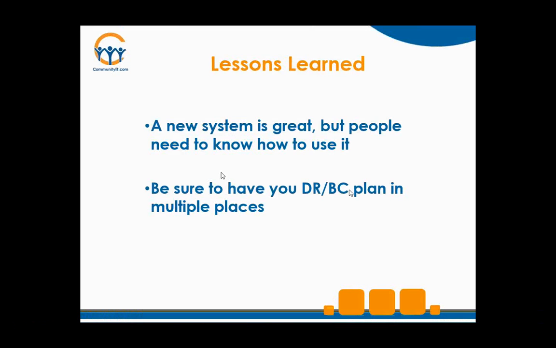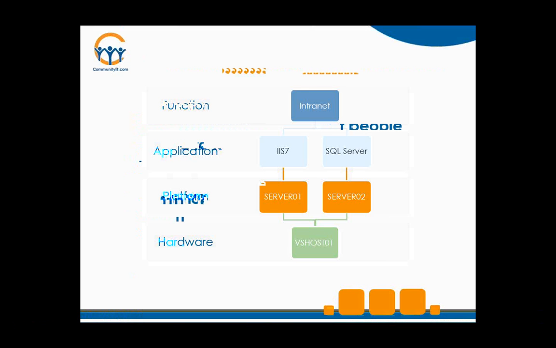So I think this is a fancier picture that really talks about doing that assessment. For example, if you're an organization and you have an intranet, that's the function. There's a couple of applications that make the intranet work.